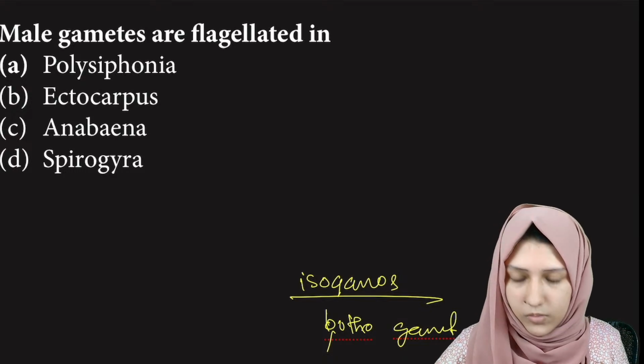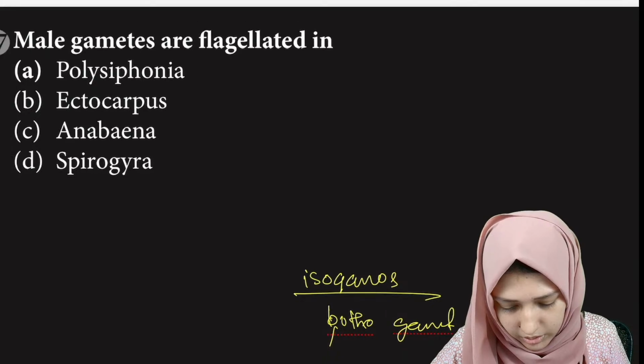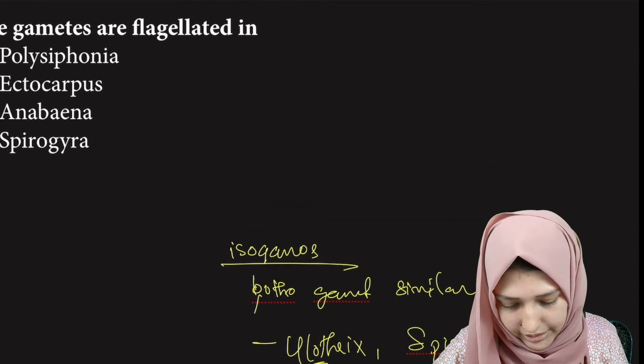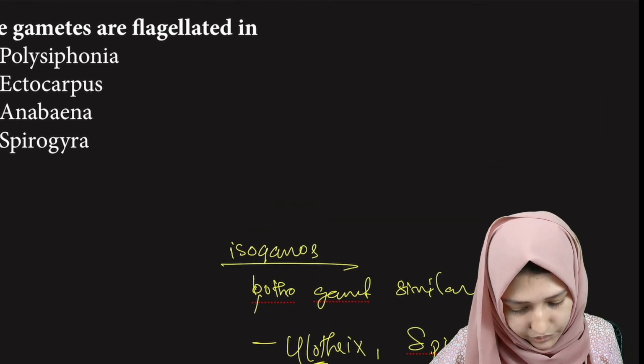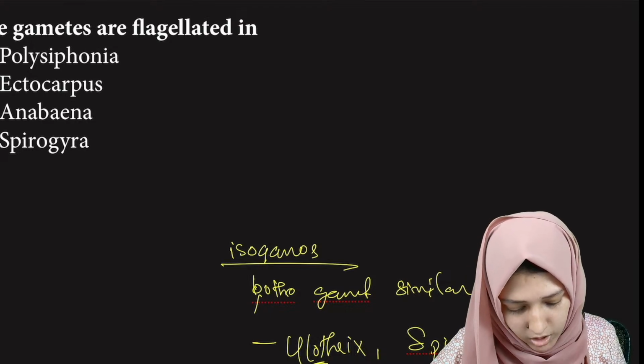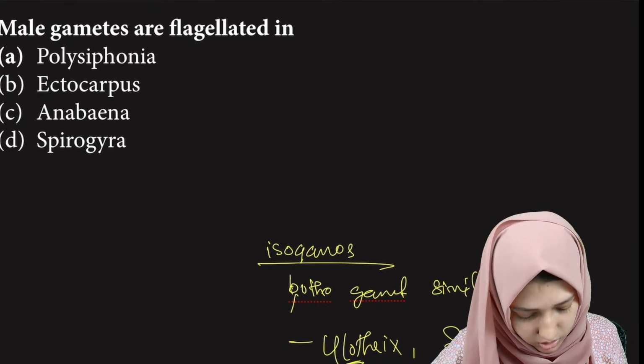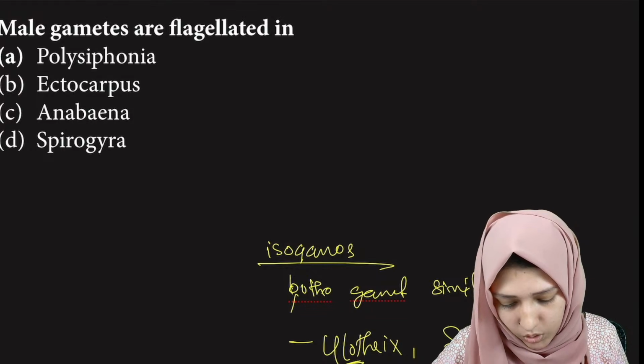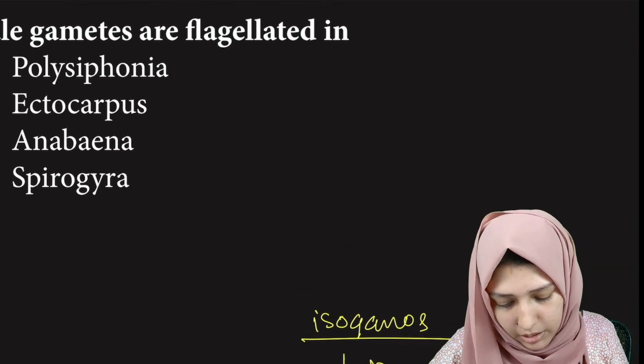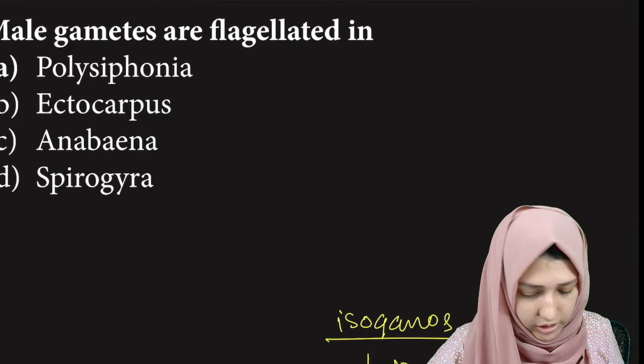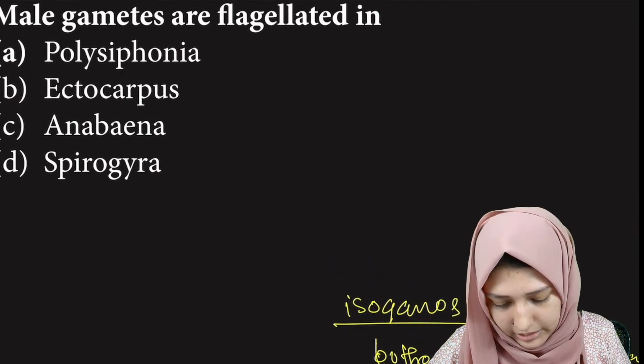Clear? Okay. So male gametes are flagellated in, but here Ulothrix is not present. So let's see. Polysiphonia. So Ulothrix is not here, right? So it's not the answer. Now let's see.